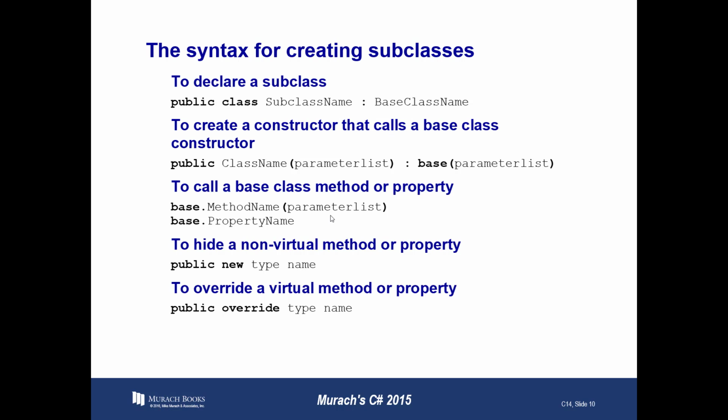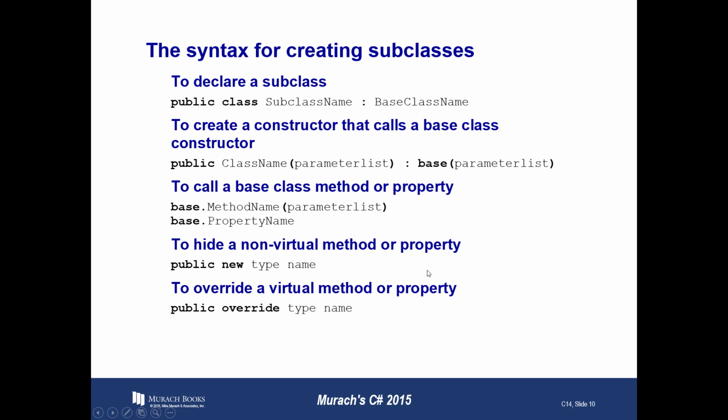Now, when you do this, you might want the child class to get some of its information from the parent class. In order to do that, you use what's called base, and you pass whatever parameters you want to pass from here into the parent.